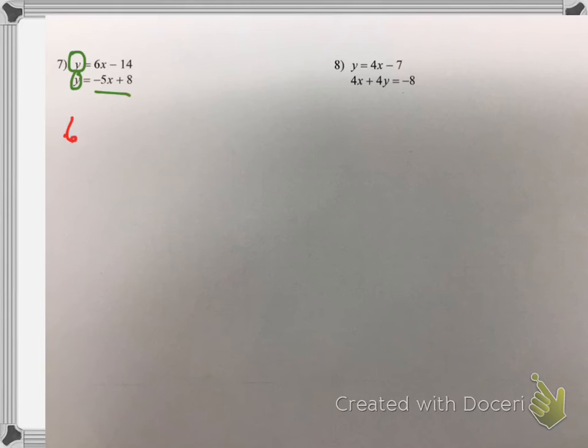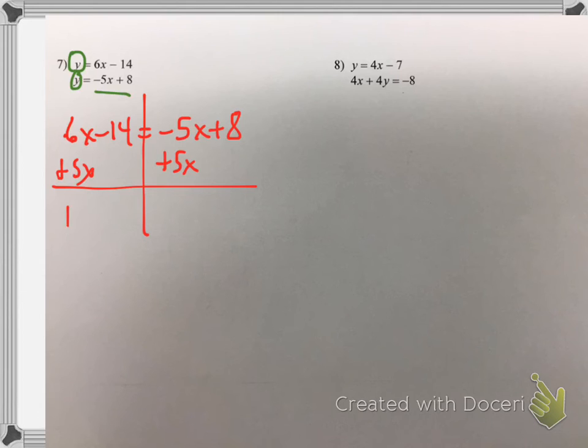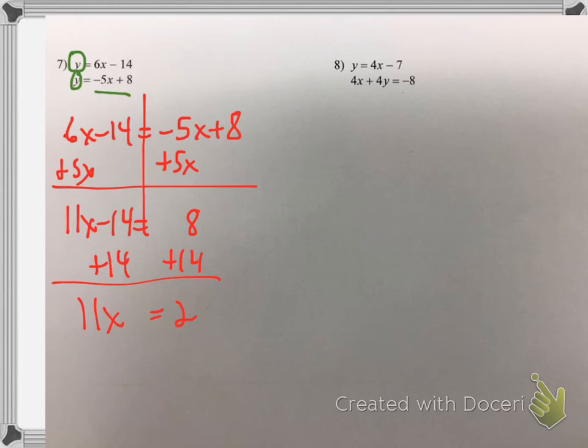So 6x - 14 = -5x + 8. Solve. Don't make algebra mistakes. That's why you took first semester. 11x = 22. x = 2.